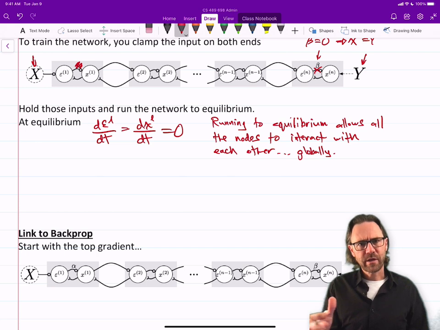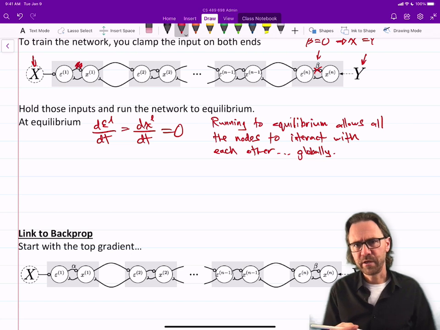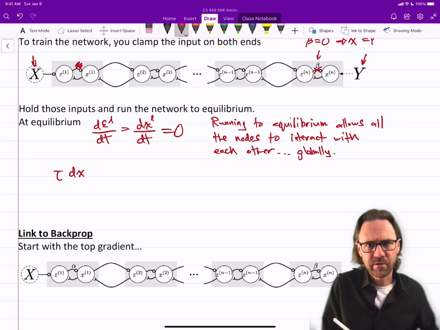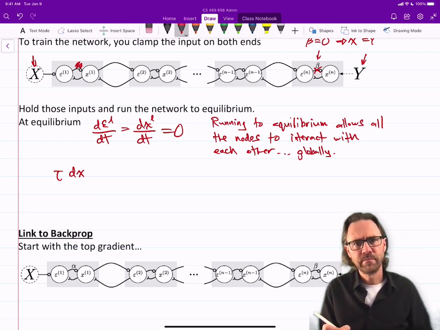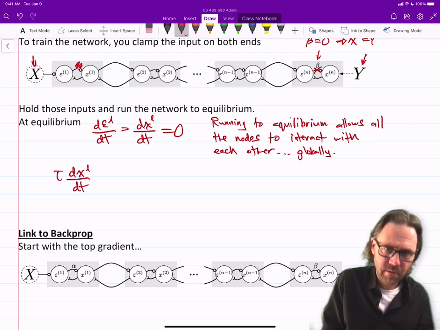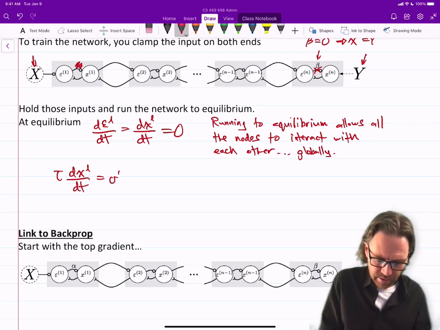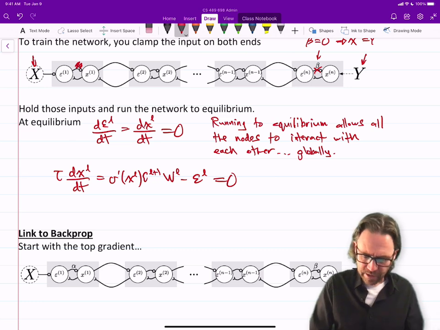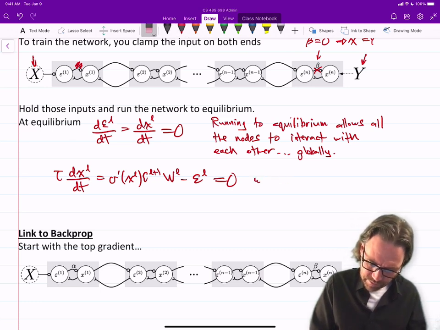Now, let's look at the fact that we have equilibrium in these different state nodes. So that means that tau dx, should I use I or L? I guess I'll use L. I'm just rewriting the differential equation. That has to be 0 at equilibrium.